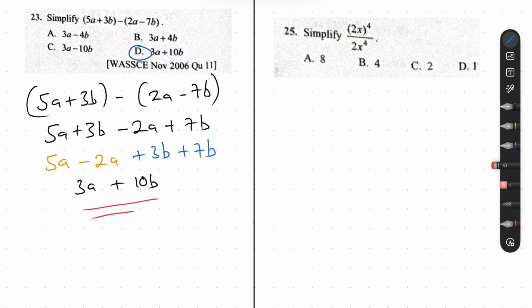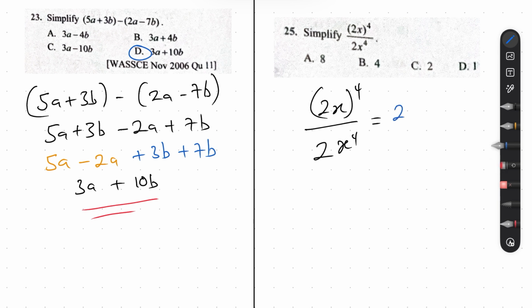So we have 2x to the power 4 all over 2x to the power 4. If we simplify this, that means that 2 is raised to the power 4 and x to the power 4, not just the x.